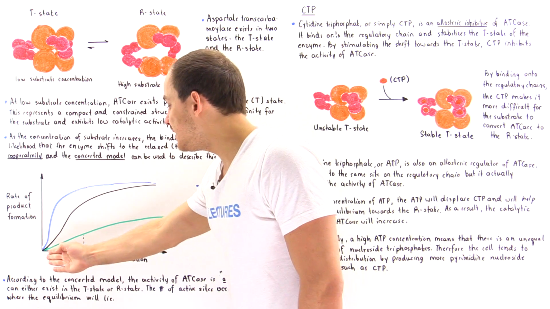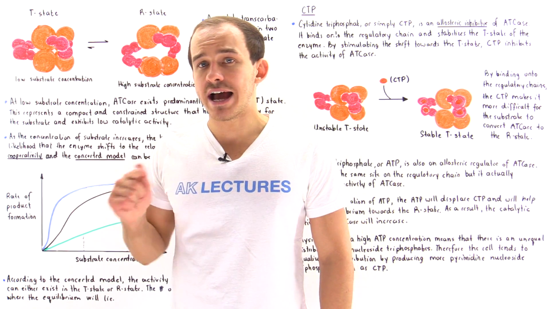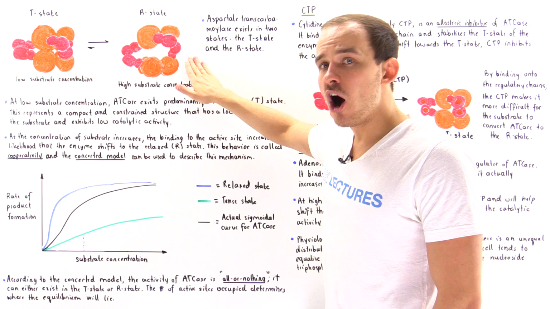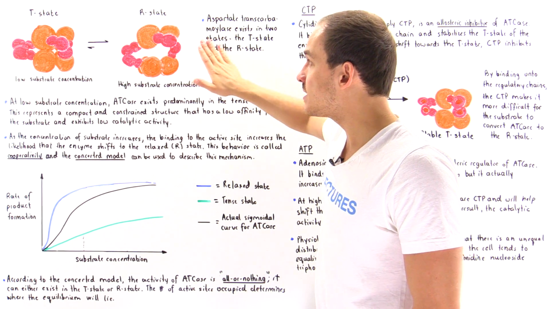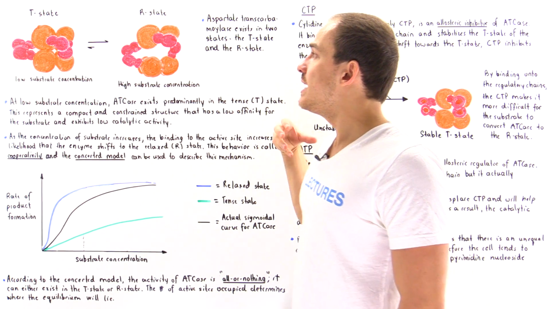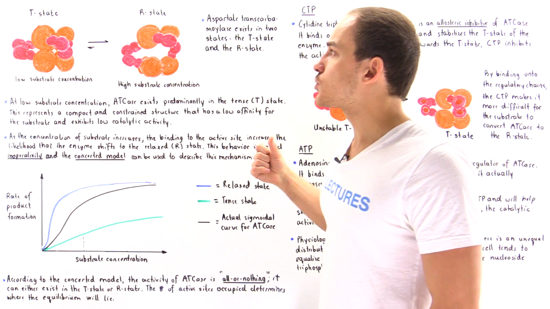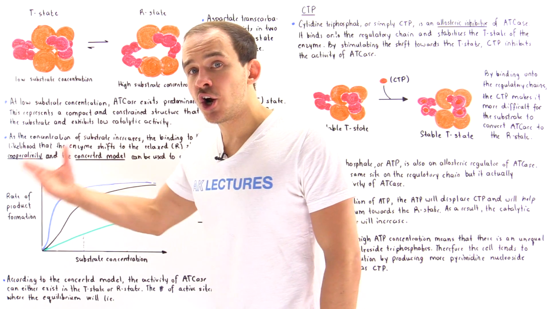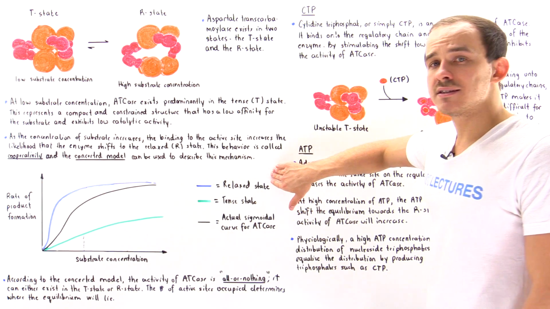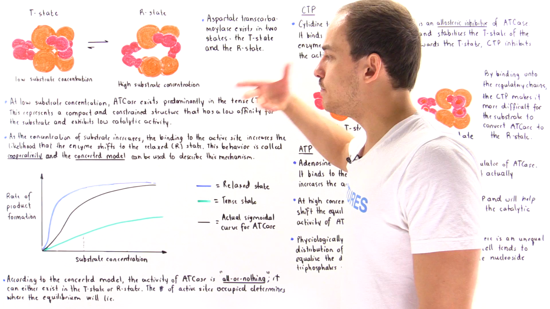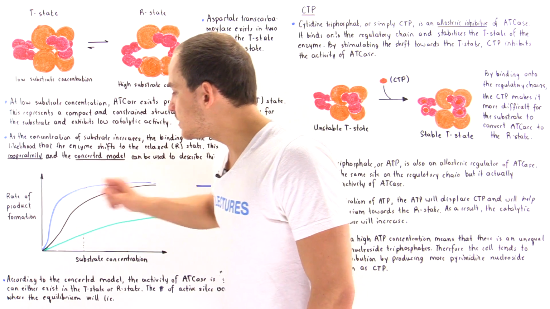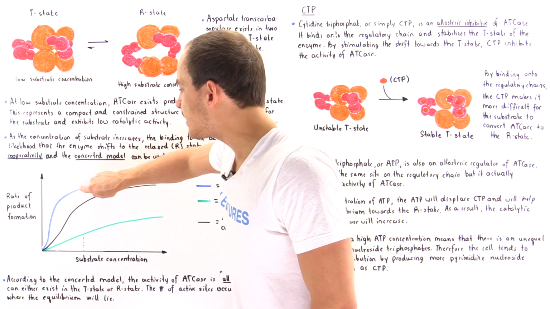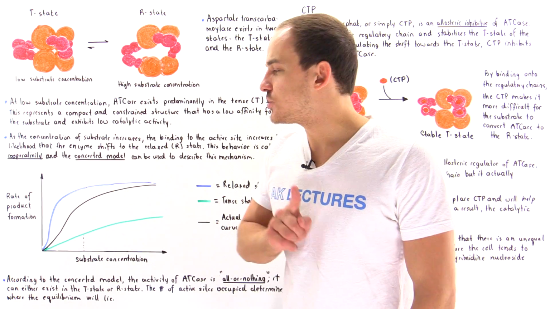But as we begin to increase the concentration of that substrate, that begins to shift the entire curve into the R state, and once we transform the quaternary structure from the tense to the relaxed state, the blue curve is the curve that basically begins to describe that quaternary behavior. And so according to this blue curve, at the same substrate concentration, we see that the rate of activity is much higher.